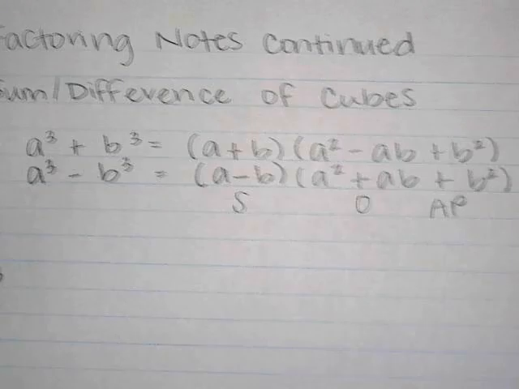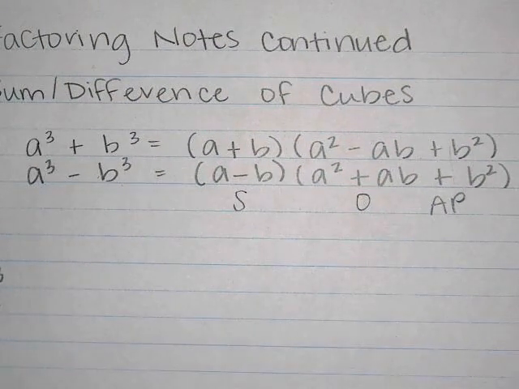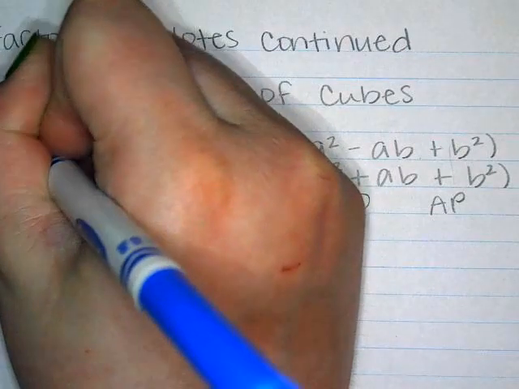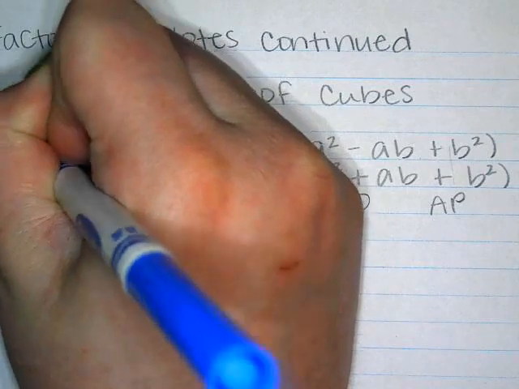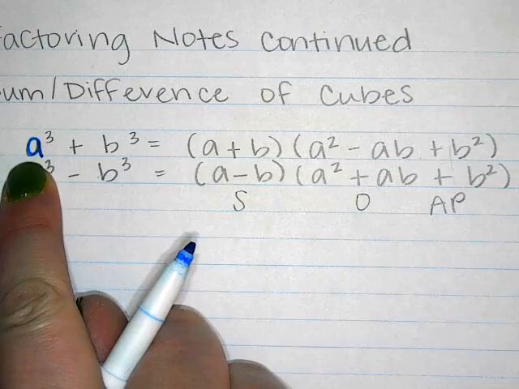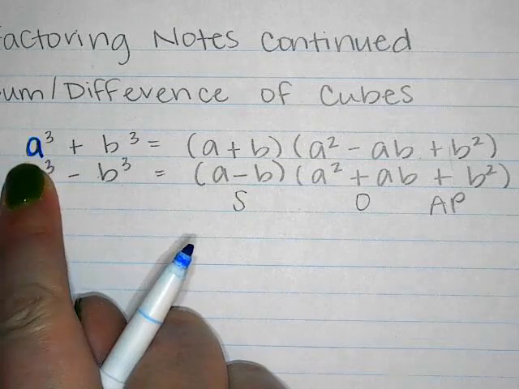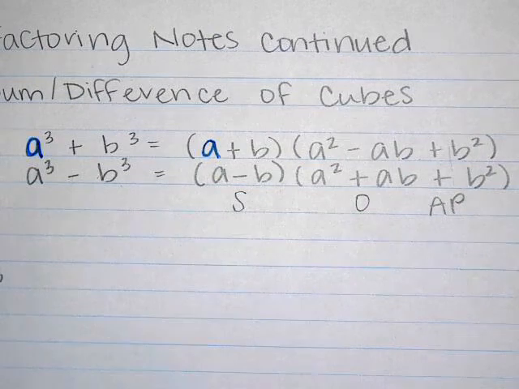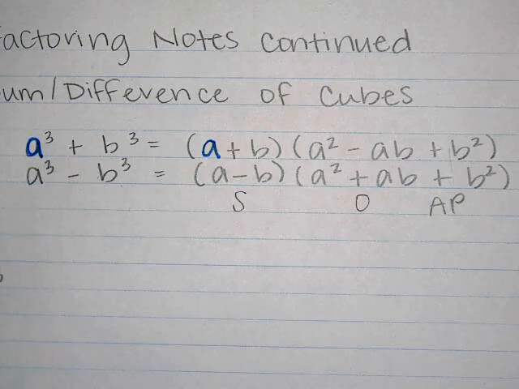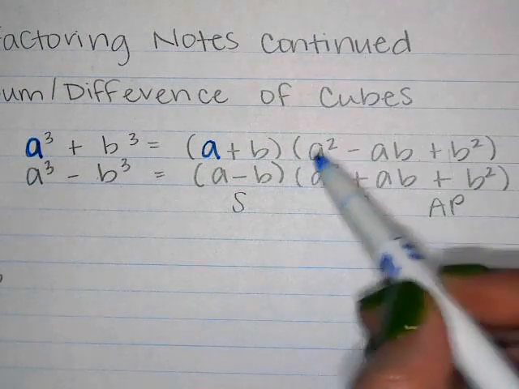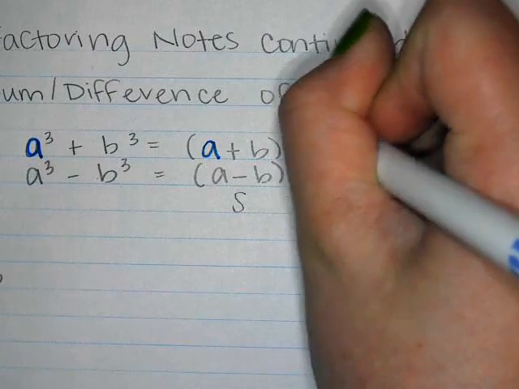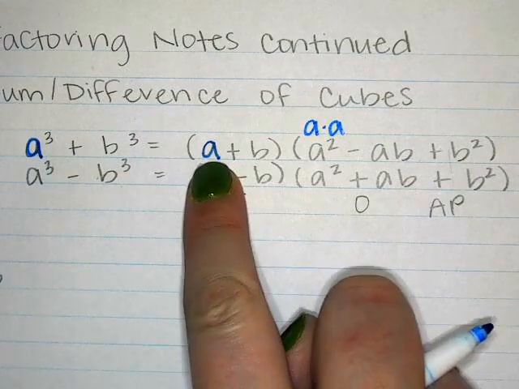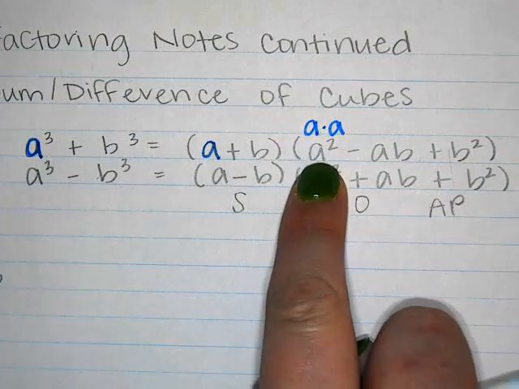Next, I take my color. So let's start with the first color. My first term is going to be something to the third power. And what you'll notice is that the first term is used once here, and then if the first term is squared, we have the first term times itself, so it's used twice here.